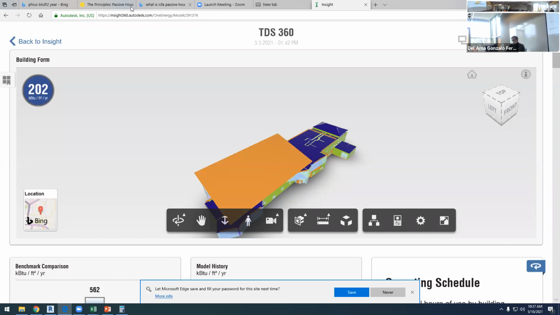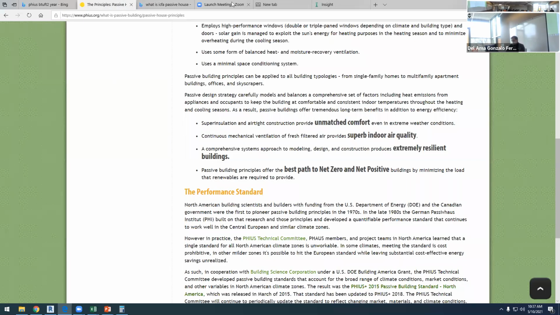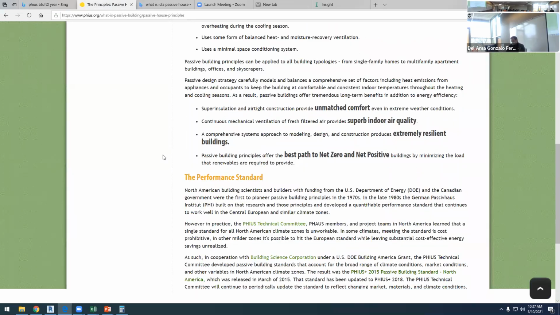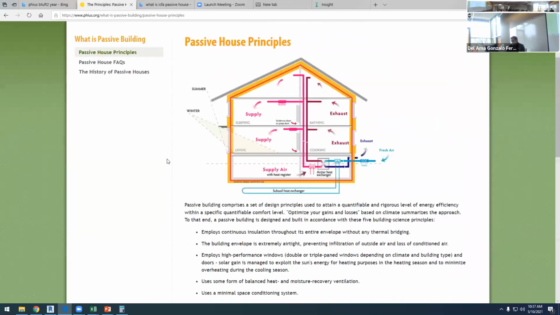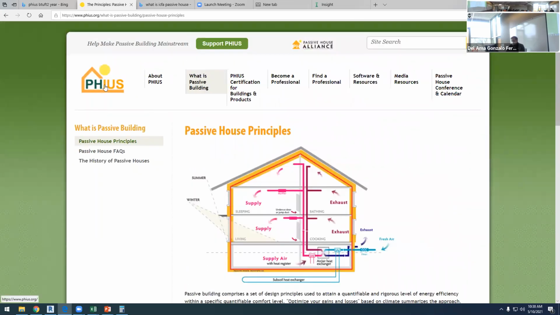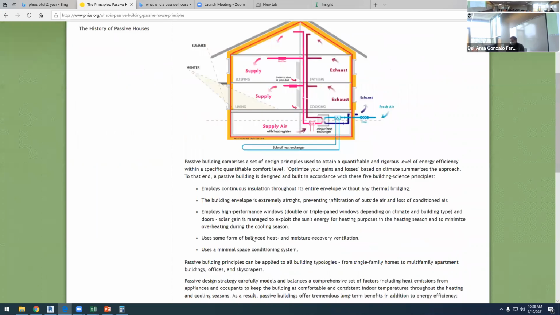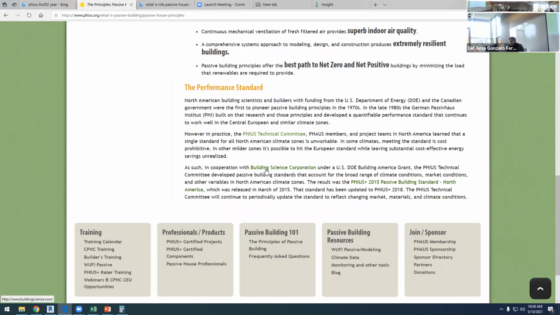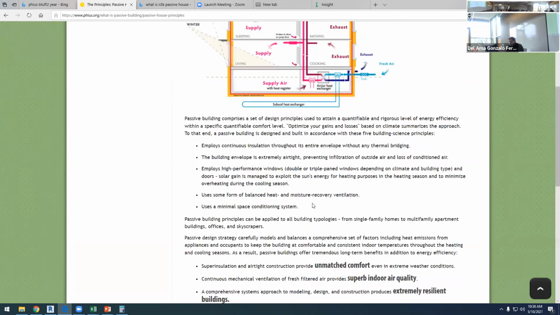And what is the Passive House? Look at this. Remember this number, it's 202. So what is the Passive House standard? We have the Passive House Institute of the United States, so we can rely on this source, and here Building Science Corporation.